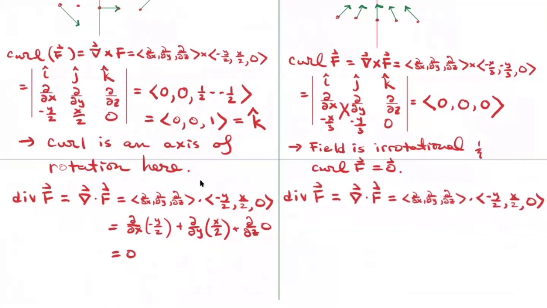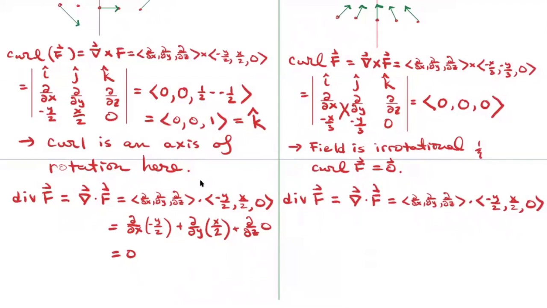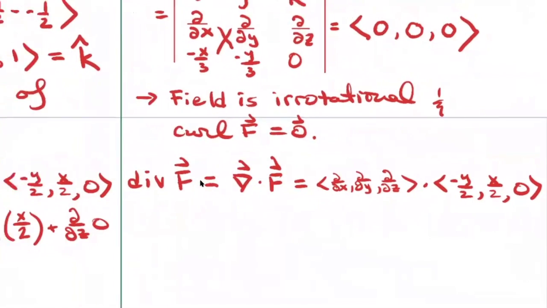So I think I'll copy some of this real quick and change it for the next field. But the components are different, so let me fix that. So this field, the new F, is negative x over 3, negative y over 3, 0.